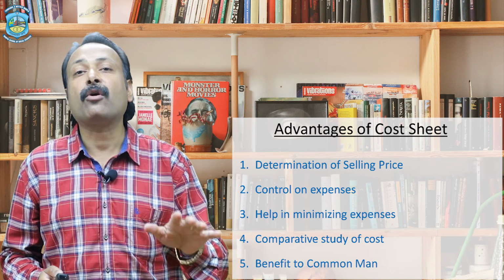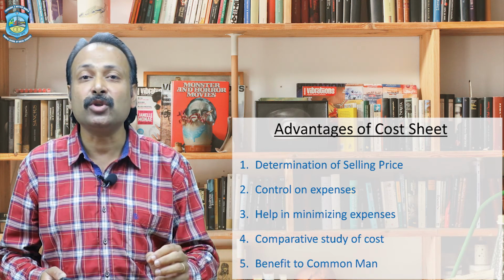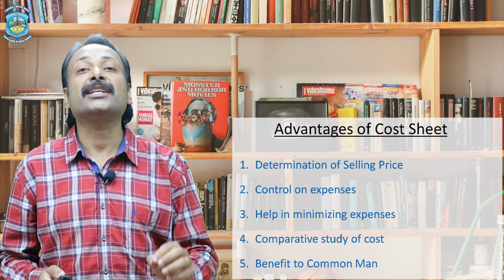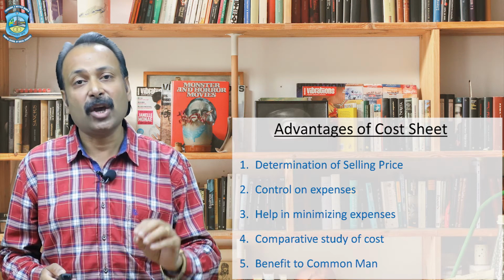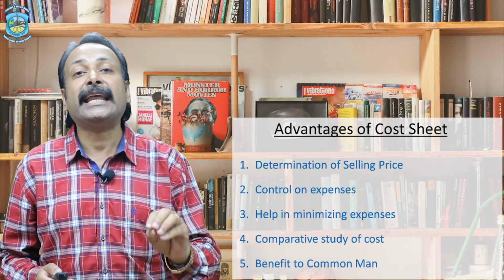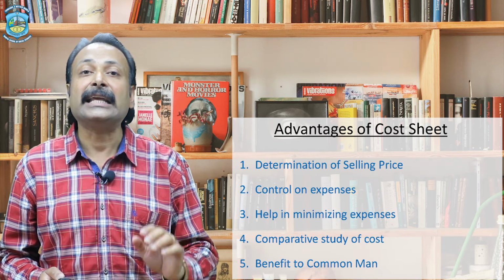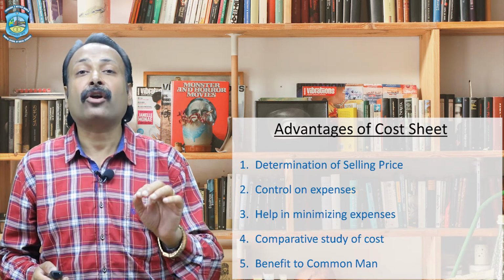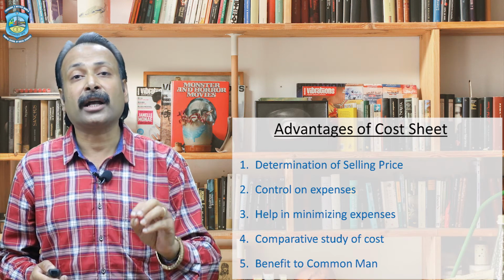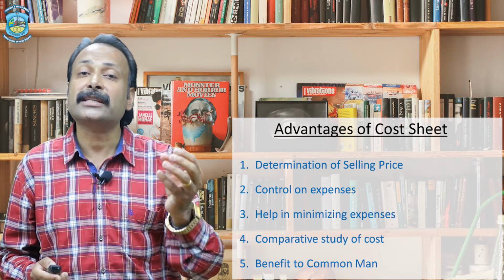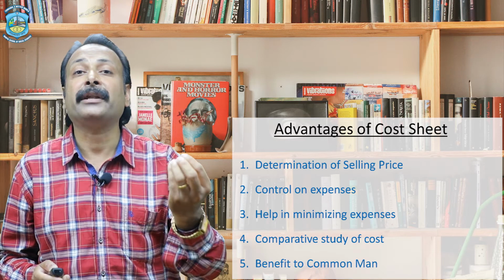With the help of a cost sheet, the manufacturer or producer is able to manufacture the commodity at minimum cost. When they produce it at minimum cost, automatically it is very beneficial for a common person or consumer to purchase the particular commodity at minimum rate or minimum cost.